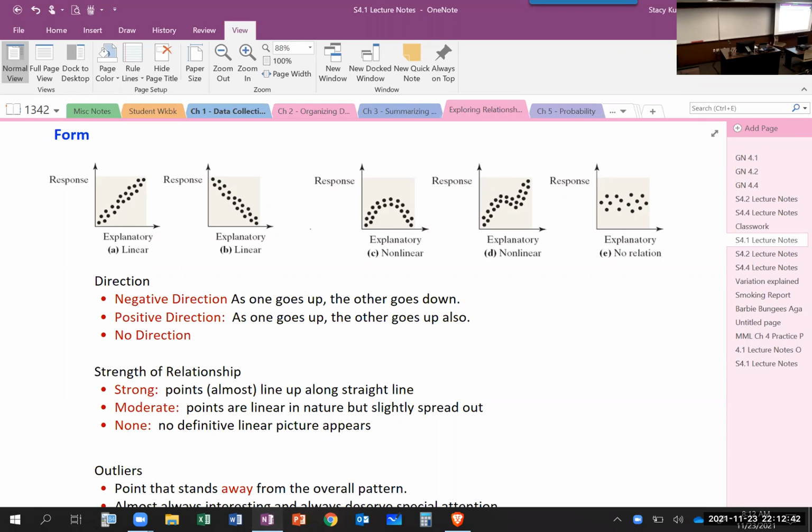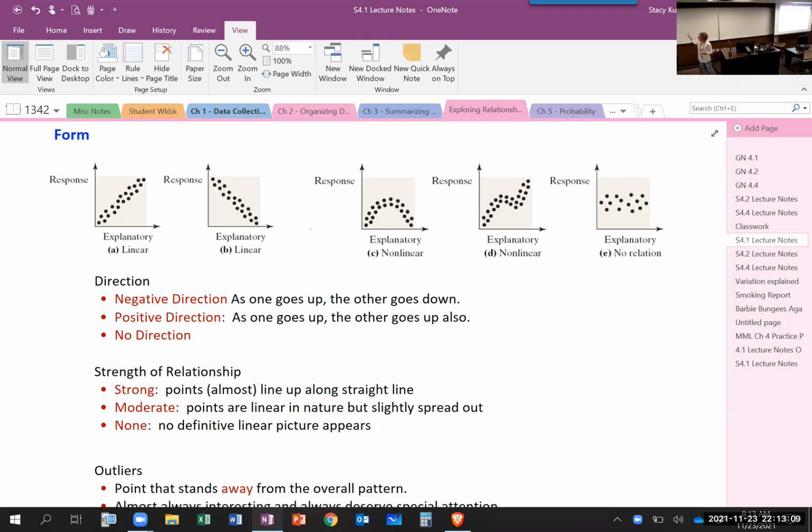And then finally, you have this one on the very far right, where that's not really anything, is it? Okay, it doesn't really line up as anything. It just looks like a bunch of dots on a picture. All right. But if you'll notice, these three on the far right do not show a linear relationship. And what we focus on in section 4.1 is that linear relationship.